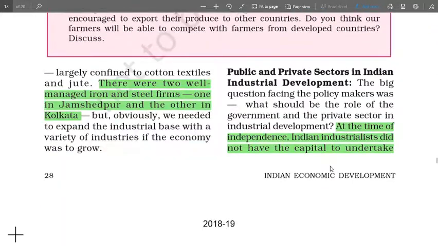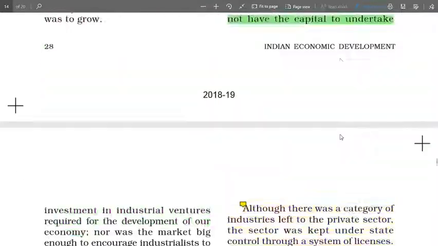And if you look back before independence, there were two well-known big iron and steel industries. One is Tata at Jamshedpur, the other is at Kolkata. That's why we need more than this after independence. The problem was, if we simply depend on private individuals, they did not have enough capital to undertake industrial development on a large scale.